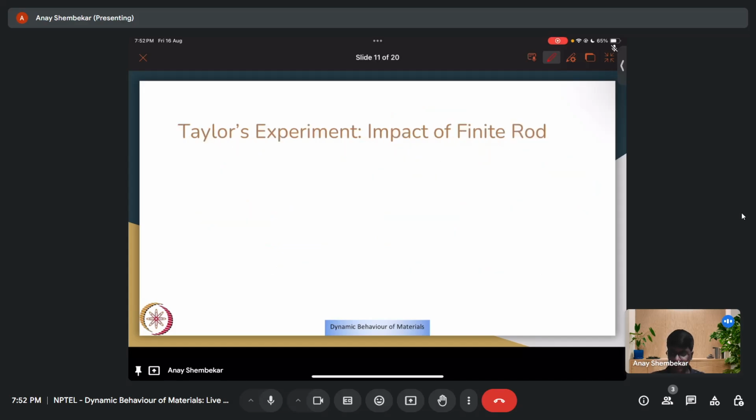Next, I think this is perhaps the most important part of this week's lecture, which is Taylor's experiment. These were performed around World War II, and they were interested in understanding plastic deformation. The way it was done was using a rod with a finite length, imparting it with a sufficiently high velocity, and impacting it on a rigid plate.